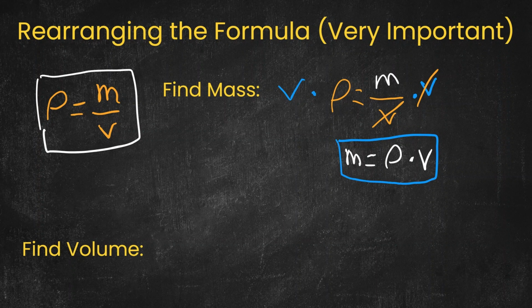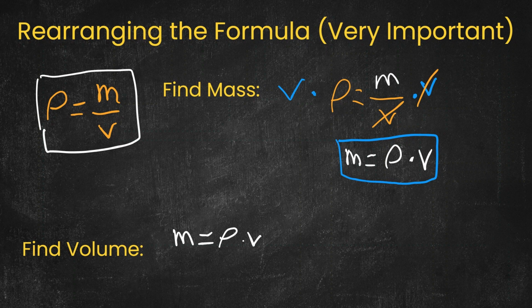Now, in some cases, you will not be given the volume, so you need to find the volume. You remember the formula already for mass. You know mass is equal to density times volume. Now let's try to isolate the variable v, volume. We need to find a way to leave it by itself. As you see, volume is being multiplied by density.